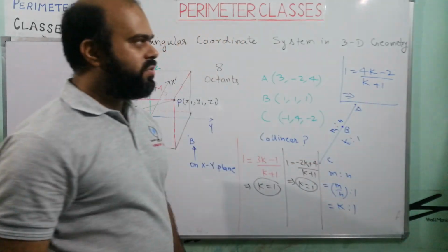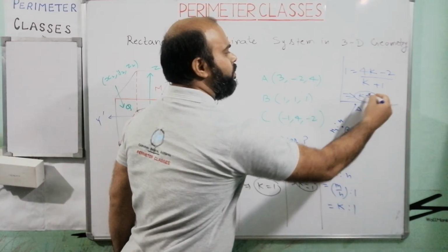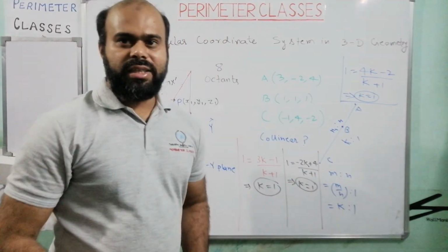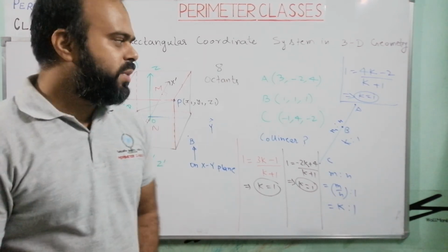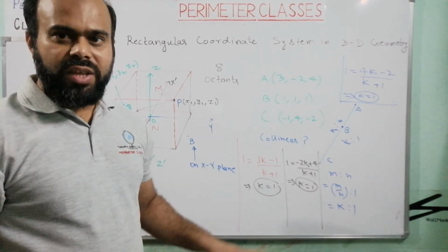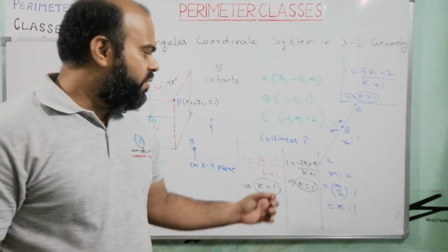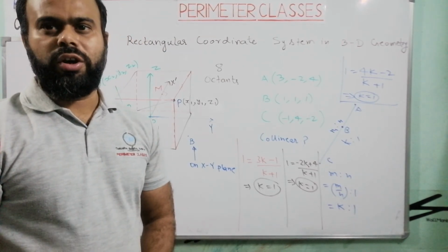Now let us solve this one also, and here also you will get k is equal to 1. So actually we are getting the same k whether we take x, y or z, which means that yes, these 3 points are collinear. If they were not collinear, then we would not get the same value of k for each of the coordinates.